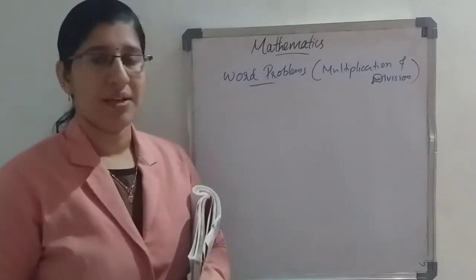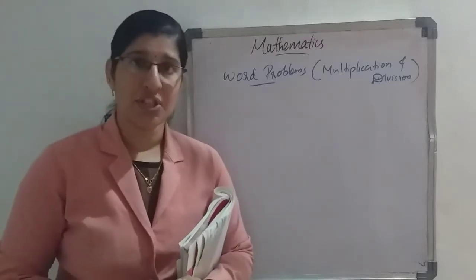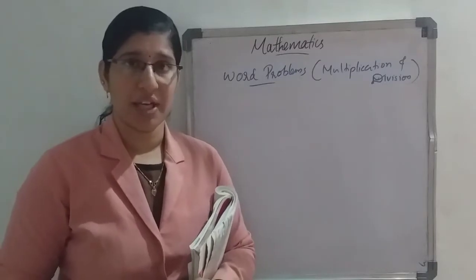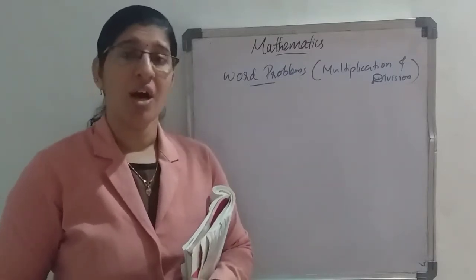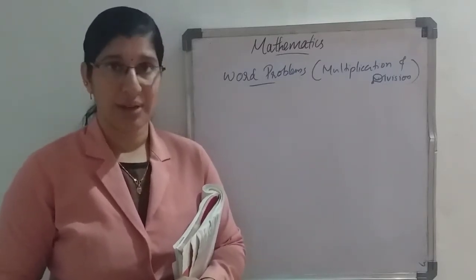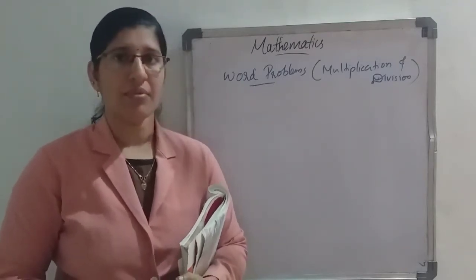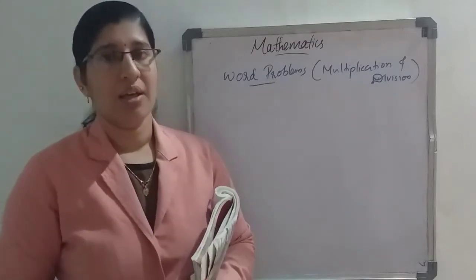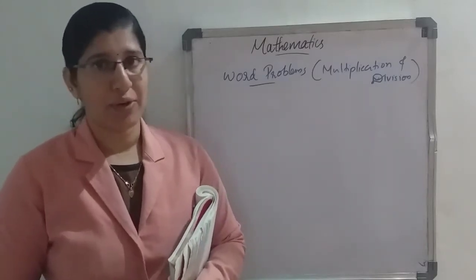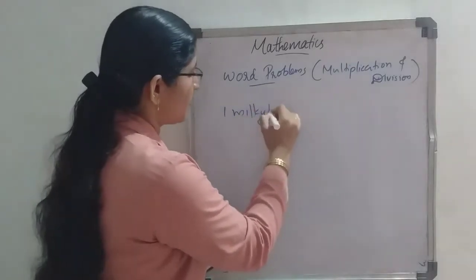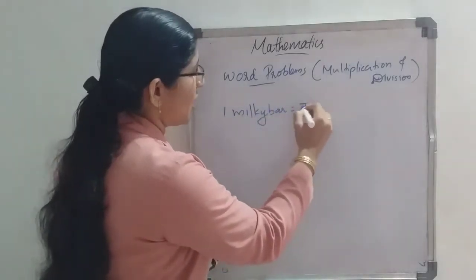Okay, so just listen. What is a word problem? In the earlier chapter, when we were in the chapter on multiplication, I already told you how you can find out whether a question is multiplication or division, isn't it? For example, a Milky Bar costs 5 rupees. 1 Milky Bar costs 5 rupees.